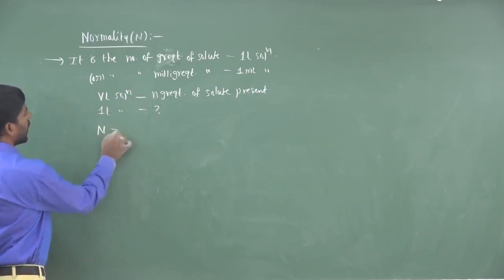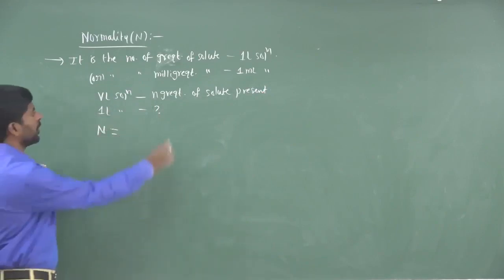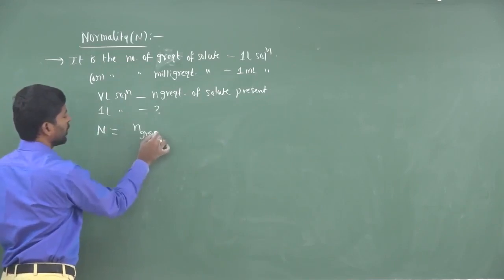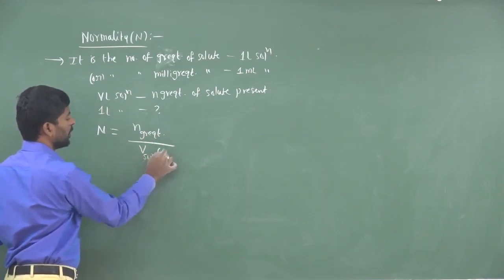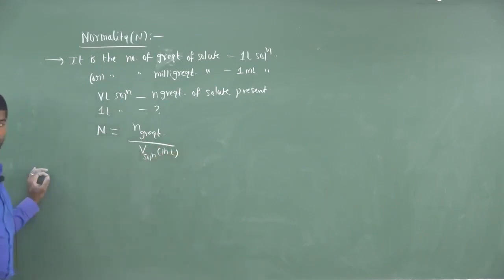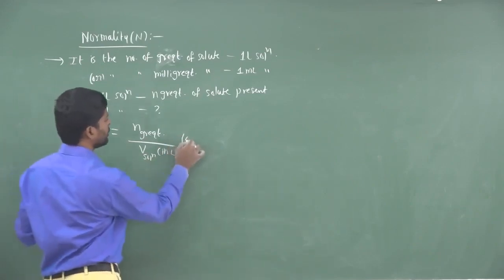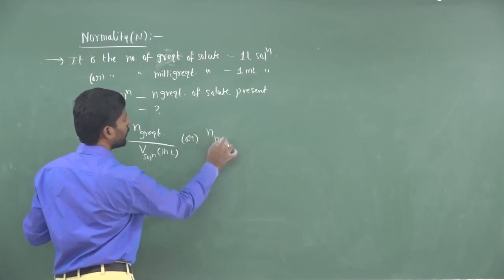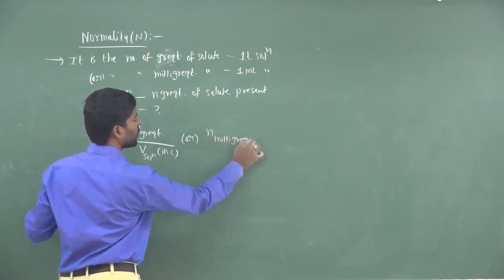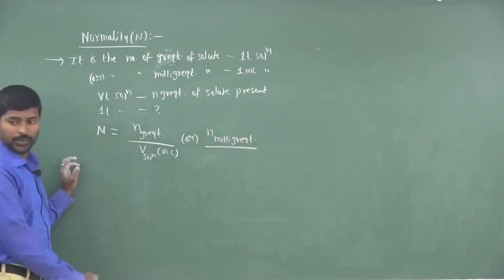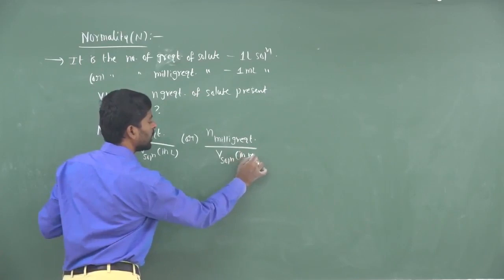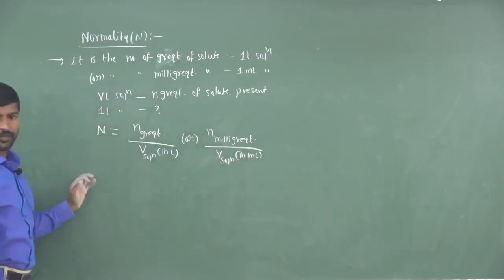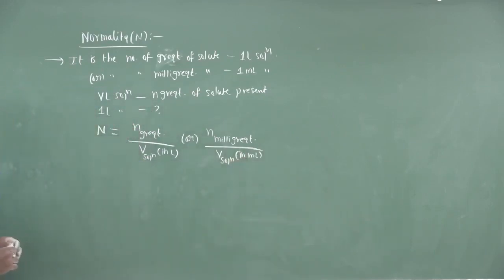That is, normality is equal to number of gram equivalents of solute by volume of solution in liters, or number of milligram equivalents of solute by volume of solution in ml.